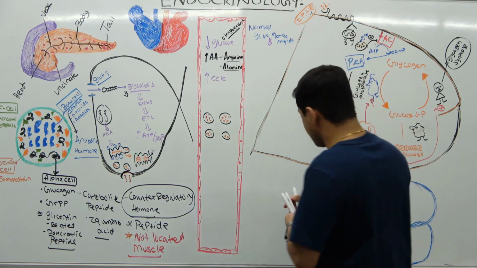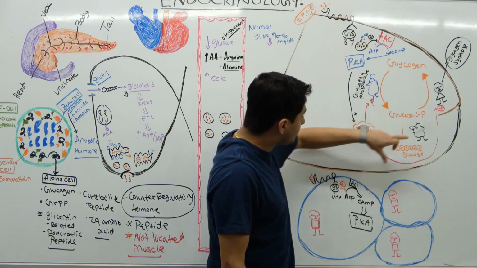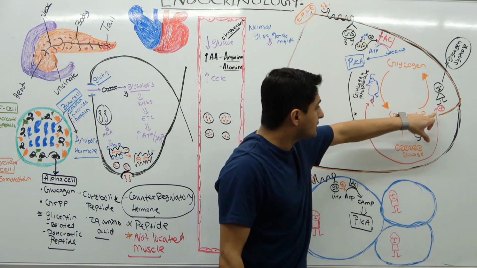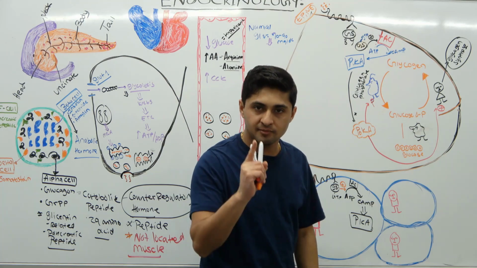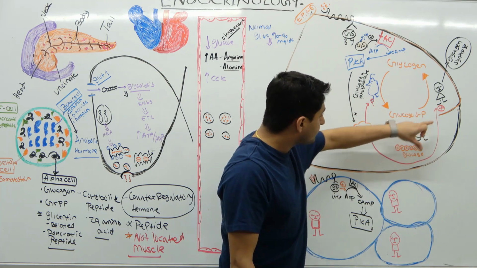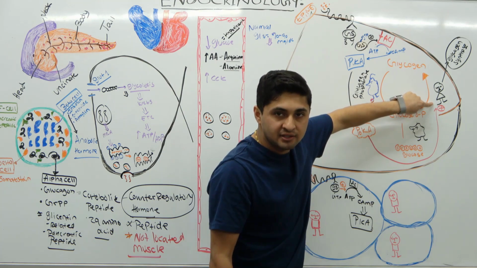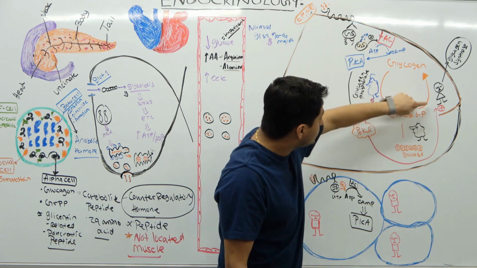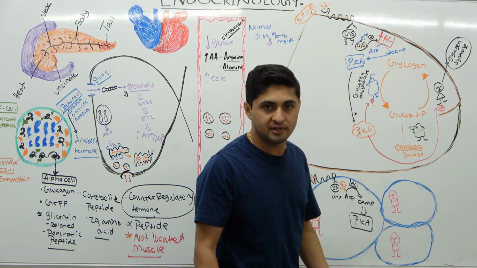Now, just remember this. When this glycogen synthase gets phosphorylated, it becomes inactivated. Let me repeat one more time. Whenever a phosphate is attached to glycogen synthase, it becomes inactivated. That means you cannot make glycogen, and we don't want to make glycogen, right?